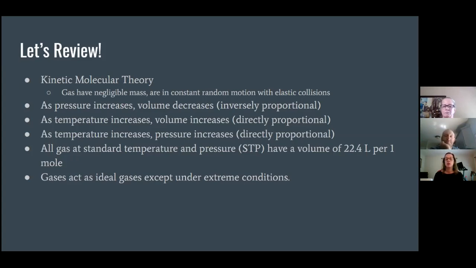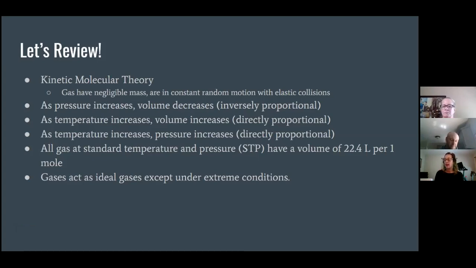We looked at the relationship between temperature and pressure, which was also directly proportional. As temperature increases, pressure increases. We looked at the volume of a gas at standard temperature and pressure. All gases at STP have a volume of 22.4 liters in 1 mole. And gases will act like ideal gases except under those extreme conditions.